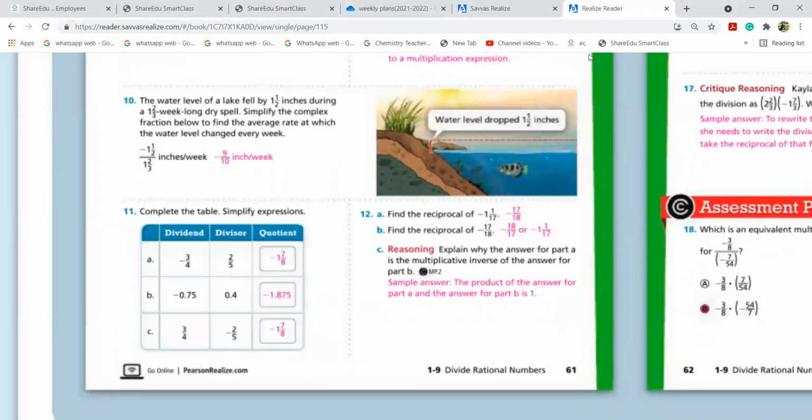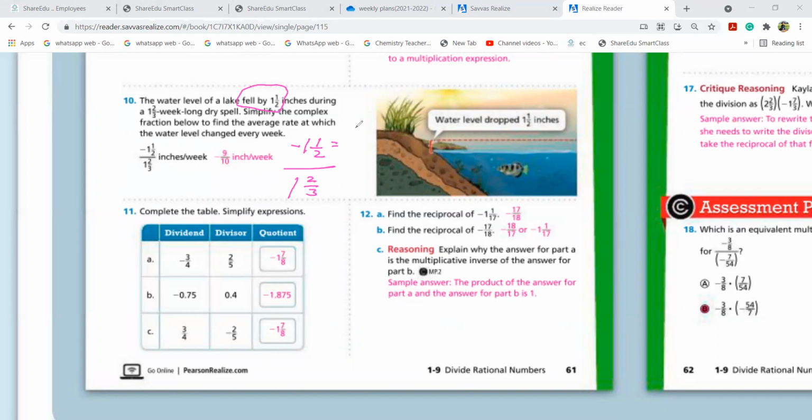Now, the water level on the lake fell by 1.5 inch. That is minus 1.5 inch. Again, girls, same thing you will do. Fell by means minus 1.5 during a 1 week long dry spell. Simplify. How do you do this?